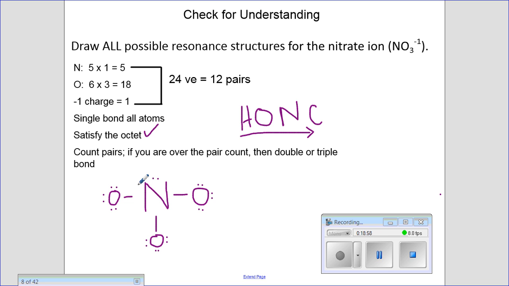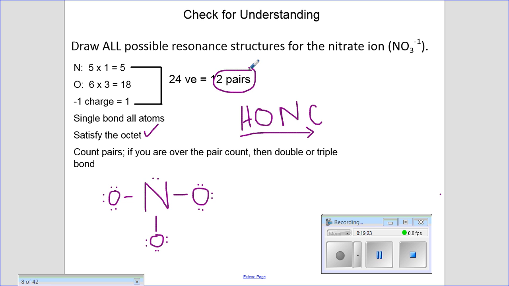Then count the pairs. All right, so I have 1, 2, 3, 4, 5, 6, 7, 8, 9, 10, 11, 12, 13. I am over my pair count. I can only have 12 pairs, and I have 13.